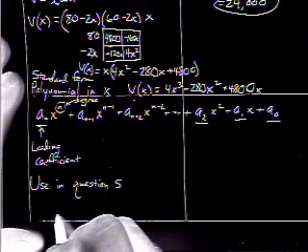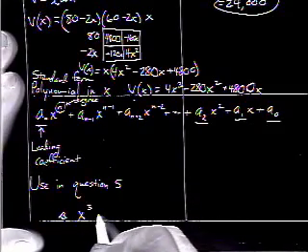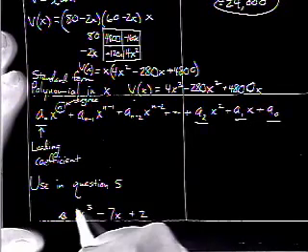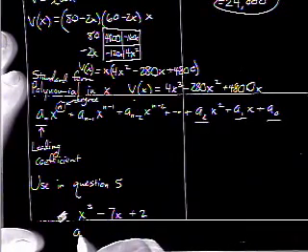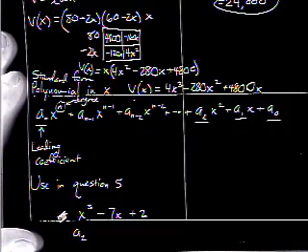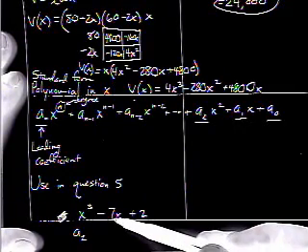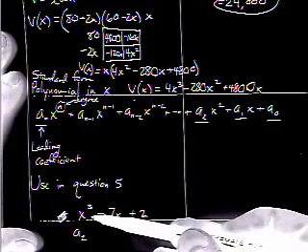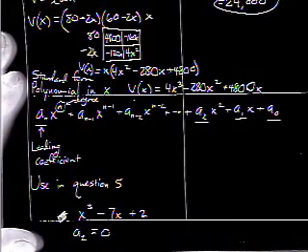For instance, let's say we had x to the third minus 7x plus 2. And I asked you for a sub 2. Well, let's see. I see a sub 3 is a 1, and a sub 1 is a negative 7, and a sub 0 is a 2, but there's no term right there. That means a sub 2 must have been 0.